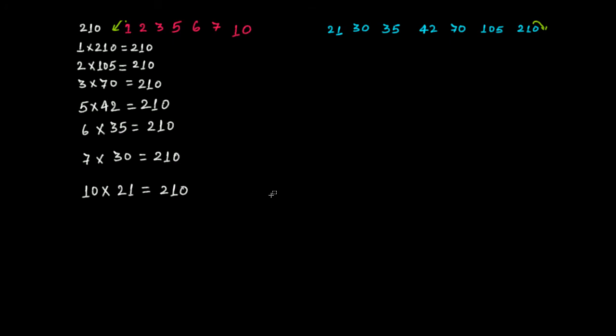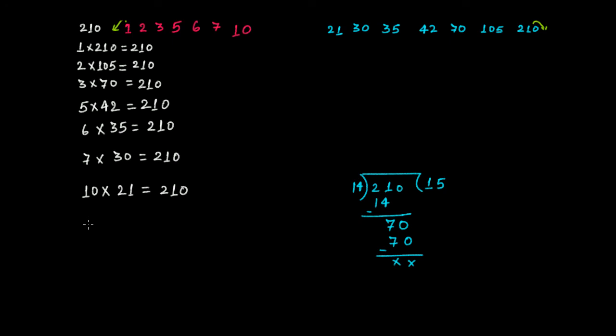What about 14? When you divide 210 by 14, you get 15. 14 times 5 is 70, so in this case 210 is divisible by 14.